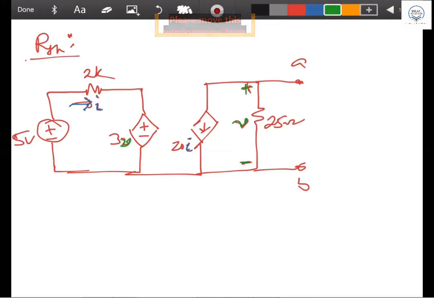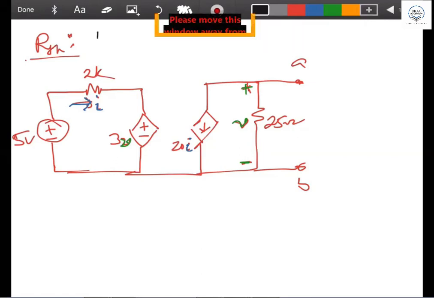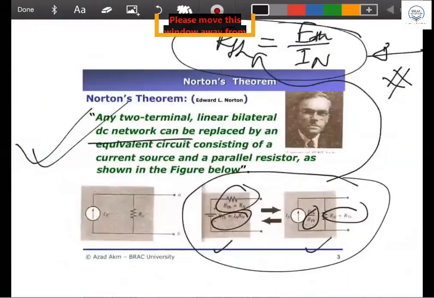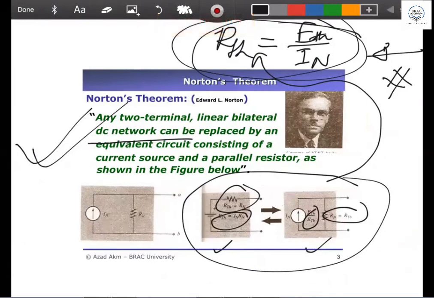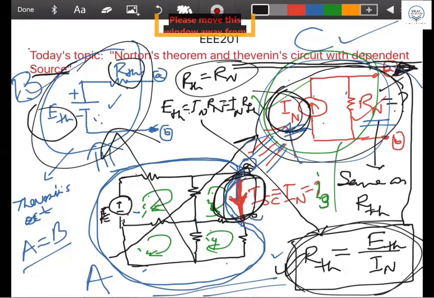Now, when you are going to find the R Thevenin, as I told you, if the dependent source is present, then you have to find R Thevenin in the second stage. First is E Thevenin, which you already found. Now R Thevenin. Remember the relationship we developed today, and I told you this relationship will be used for a Thevenin circuit with a dependent source.